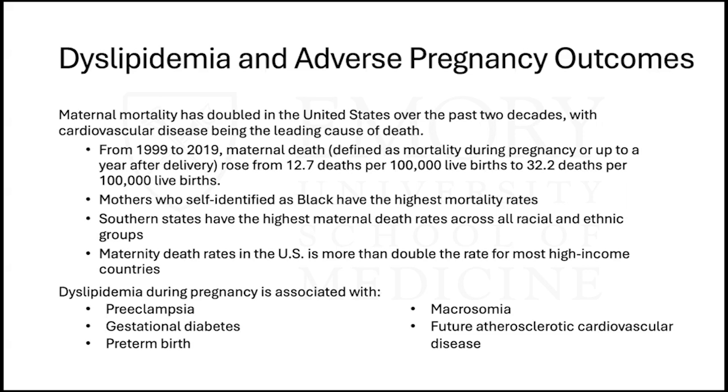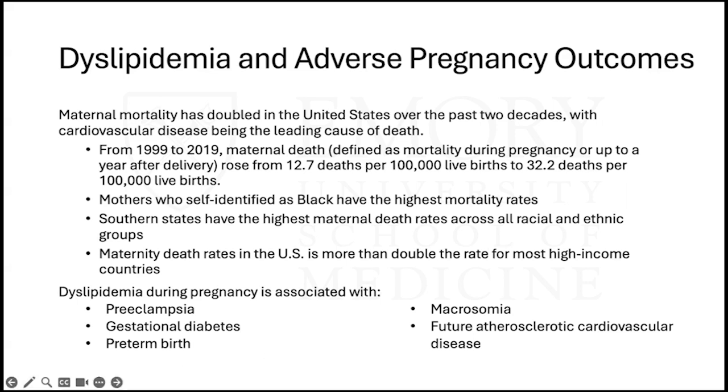And then when you look at the different regions of the United States, the southern states, including Georgia, unfortunately, have the highest maternal deaths across all racial and ethnic groups. And then when you're comparing the maternal death rates in the US to other high income countries, the US maternal death rates are actually double the rate for most high income countries.